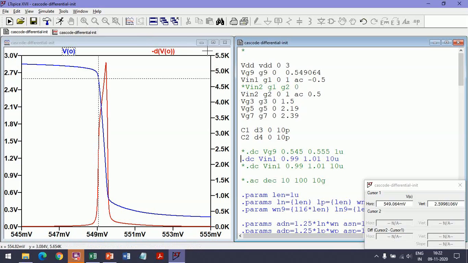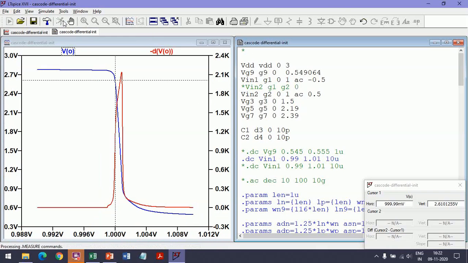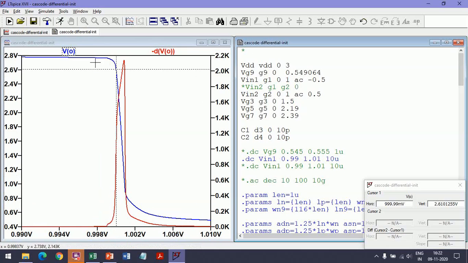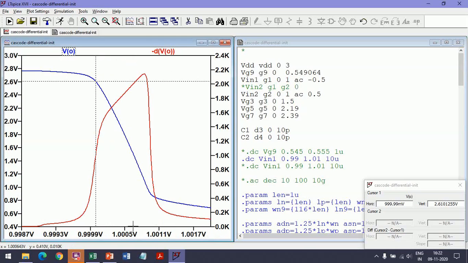Alright, am I doing it correctly? Yeah, okay. So let's just run this. Alright, so this is the output voltage as the input voltage varies, not VG9 anymore, but the input voltage. And we want the output to be at 2.6 volts. So it is about 2.6 volts.